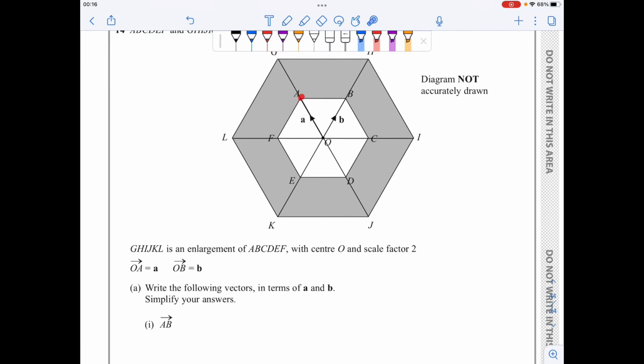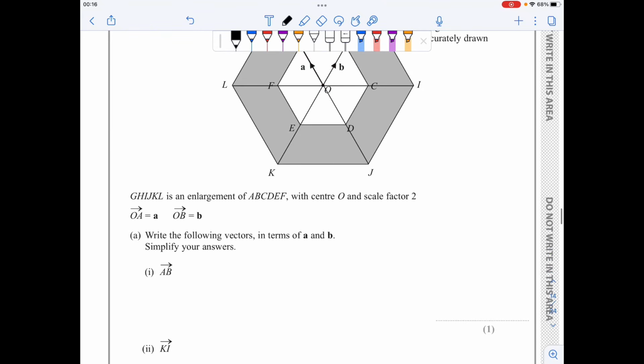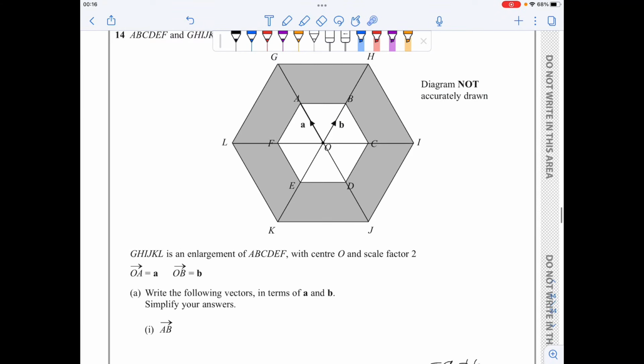To go from A to B, I will go A backwards and B forwards, which means that I've got minus A plus B. Then KI, which is from here to here, this will basically travel from K to J. This is twice AB, and then I'll go from J to I, which is twice B.